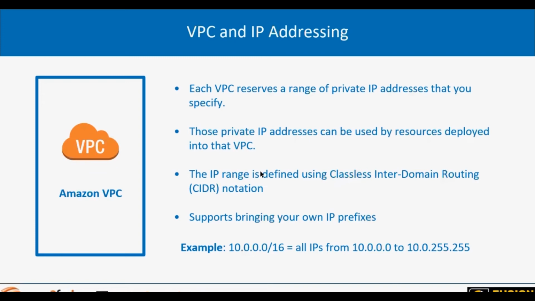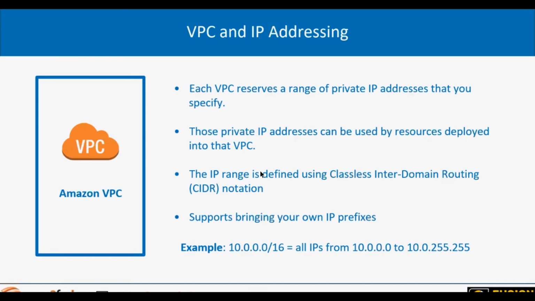A public IP address can be accessed over the internet from anywhere in the world. Very simple. So whenever you create a VPC, each VPC has a range of private IP addresses. You also have to specify that IP address range. Those private IP addresses can be used by resources deployed into that VPC.